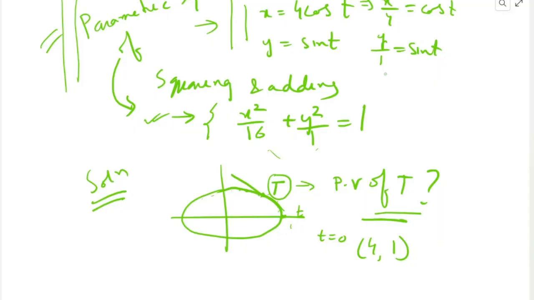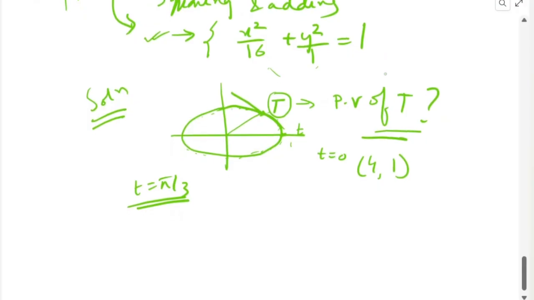So you are moving along the curve, and the value of this small t is changing. So I need to find out at t equals pi by 3. Suppose I am taking this point. It corresponds to t equal to pi by 3. So if I plug in t equals pi by 3, which is given in the question, in your given curve, then what do you get?